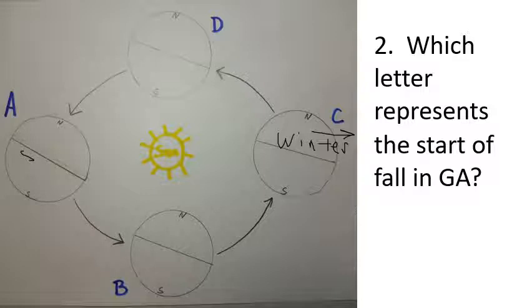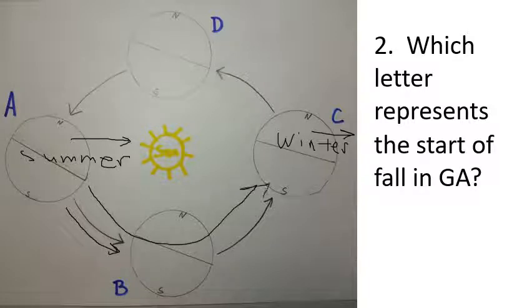Therefore this must be summer because we are tilted more towards the sun. We're getting more sunlight. You see the arrows are going this way. So if you start in summer and you're going this direction and you're going to wind up in winter, you have to ask yourself, what season comes between summer and winter? Well, that's fall. So this here must be the start of fall for us. It's letter B, starts fall.